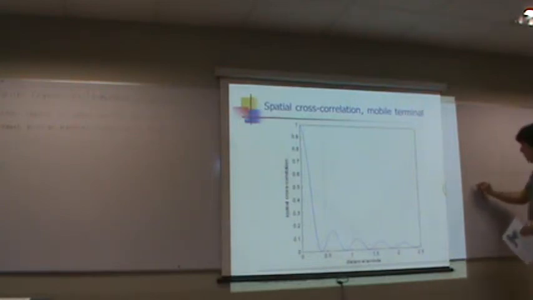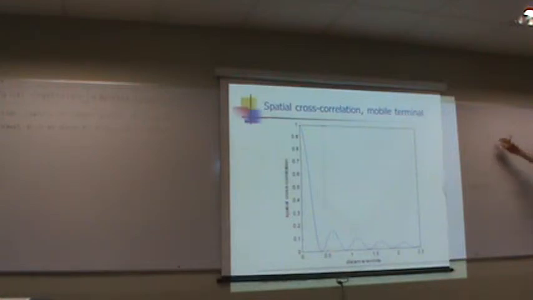At the base station, as you can see from the drawing, the situation is very different. That is, the electromagnetic rays come from the location of the user, mainly. So the spread of the angles of arrival is much narrower.